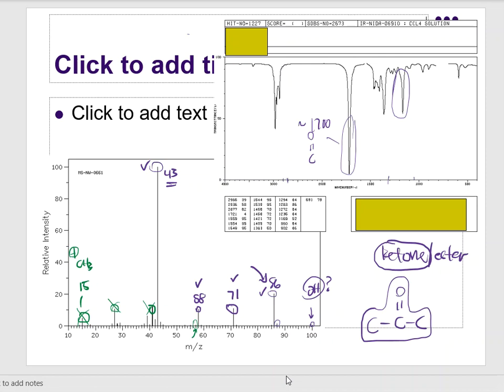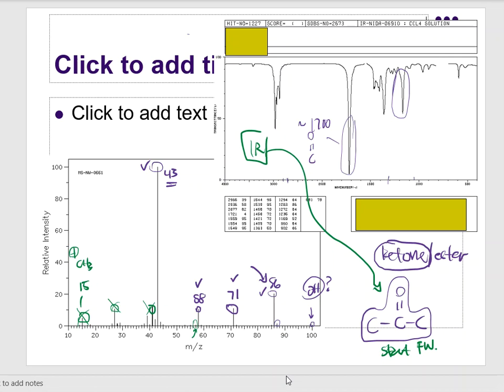Make sure that you know them, because the interpretation of the infrared up here at the very top is going to be a key part to the puzzle, because that's going to tell us the functional group that we need, which will give us a starting formula weight. And from that piece, we can build off of that. But without that piece, if I identify that wrong, then I'm just fighting a losing battle.